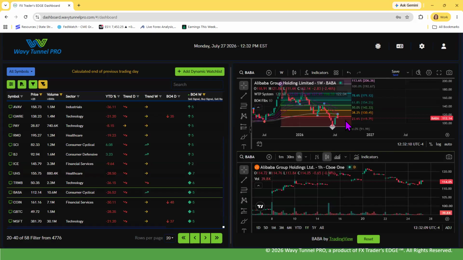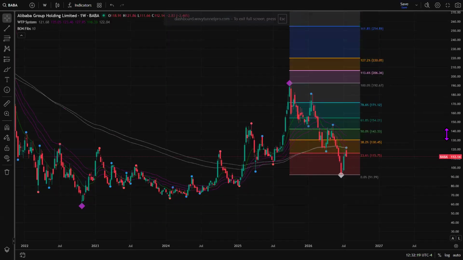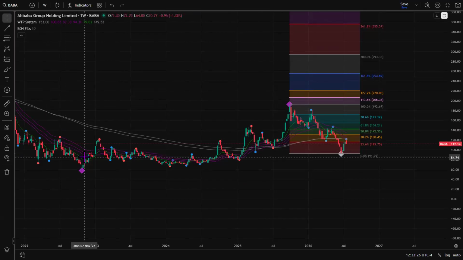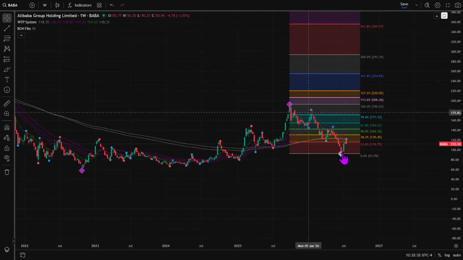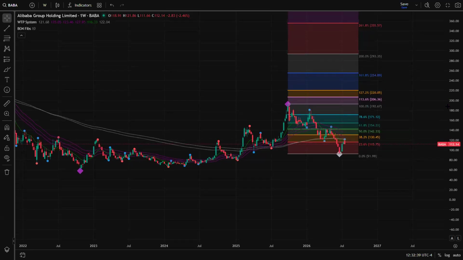Let's look at Baba. 114 is where we are now, so we are also up a couple of dollars from the close. Now this is a little bit different. We had a very strong downtrend, and then the wave crossed above the tunnel, and we got this purple semaphore. So this is a different pattern than every other stock we've looked at that we've liked.